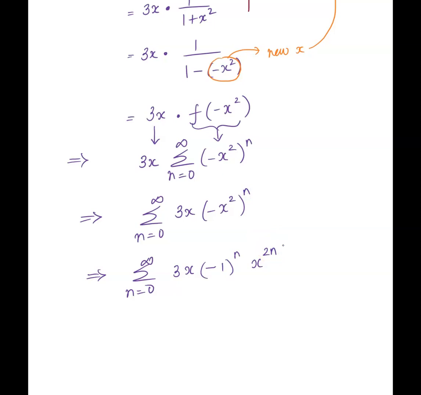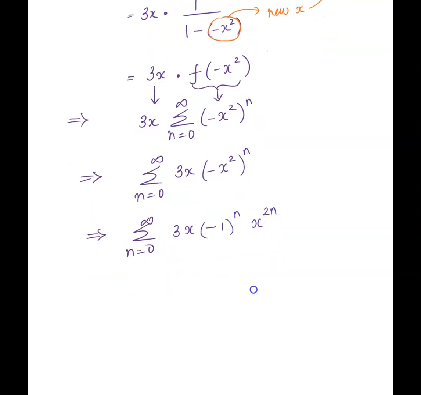When powers are stacked, you multiply the powers. And then you also have this x with a power 1, so you know that there's a power 1 there. So you're going to combine the x's with the same base. We can add the powers. So summation n 0 to infinity 3 times negative 1 power n x power 2n plus 1.